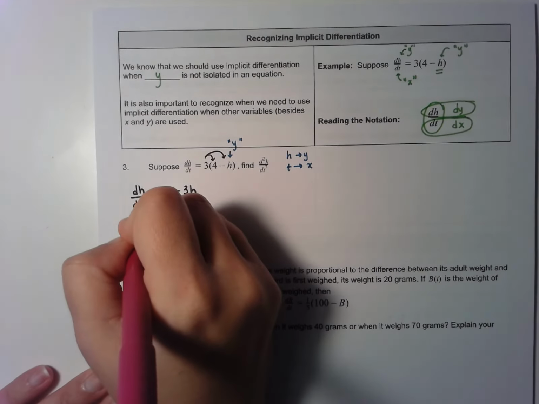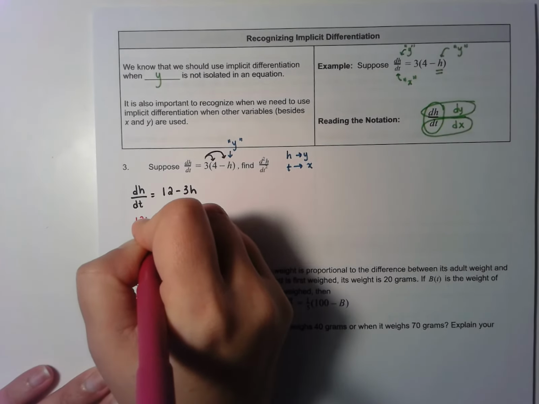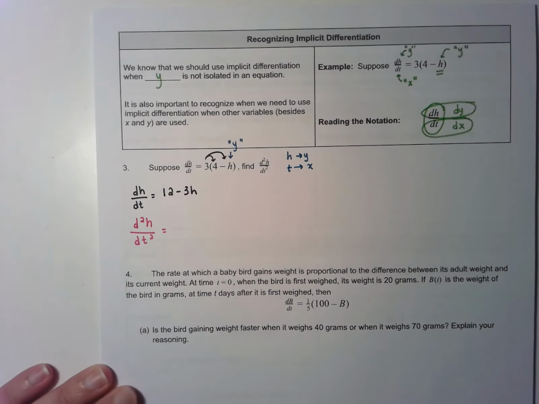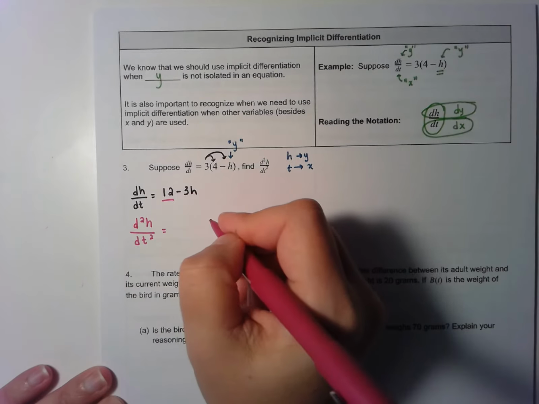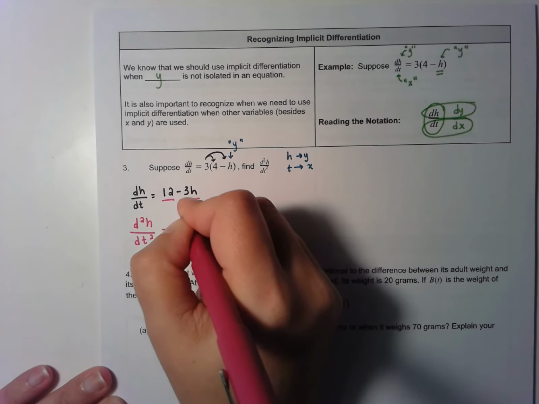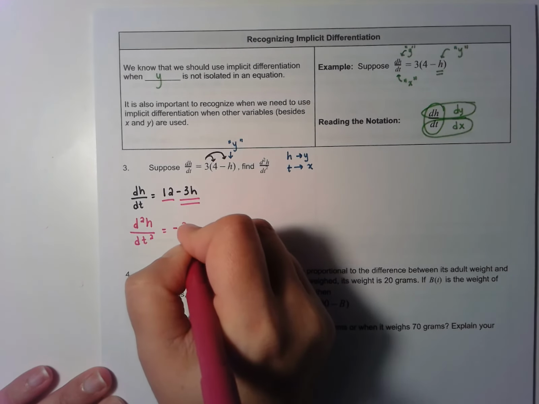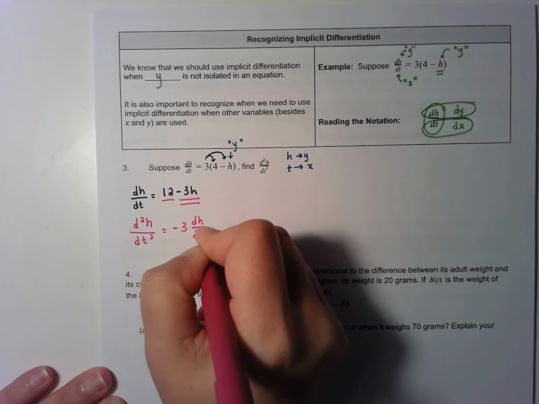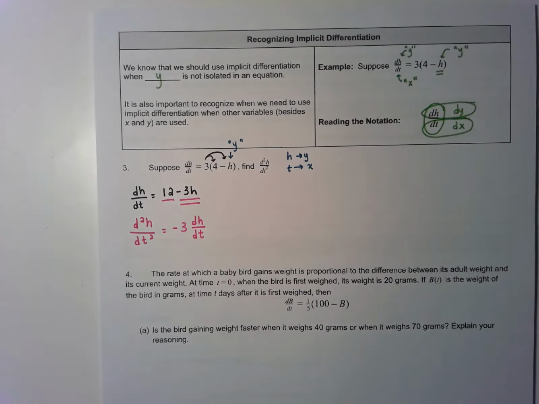So the second derivative, d squared h over dt squared, would equal. The derivative of 12 is 0. The derivative of negative 3h would be negative 3, and then times dh over dt. Just like you would usually write dy over dx, now we just need to write dh over dt.